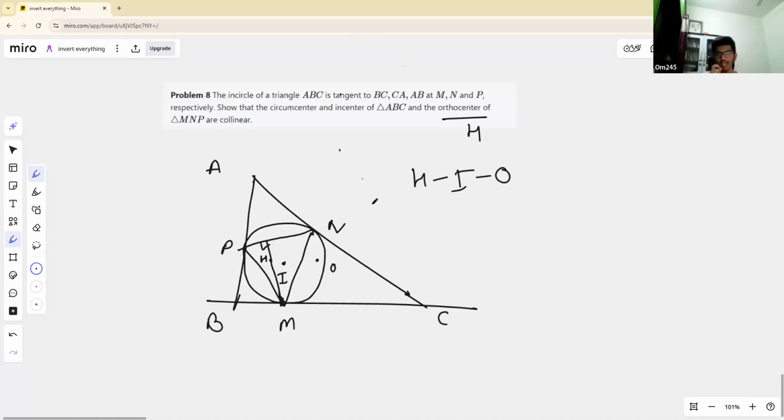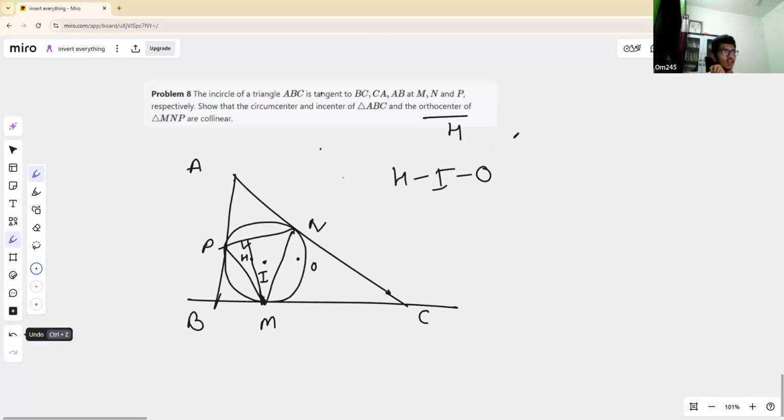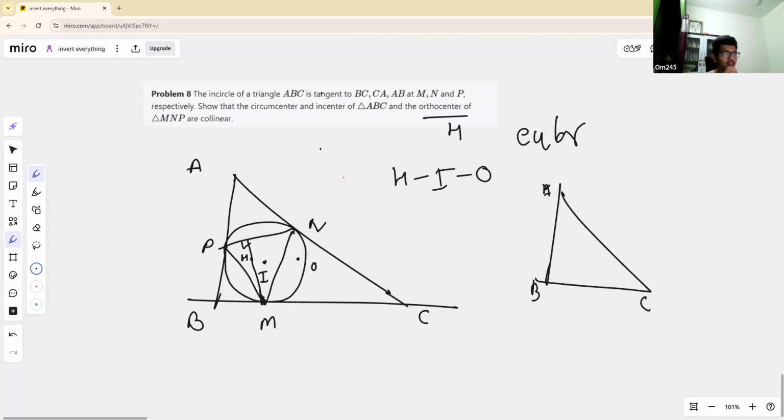So any idea? First of all, I hope everyone knows about the Euler line, which is basically, if you have a triangle ABC with circumcenter O, orthocenter H, and centroid G, then these three points are collinear, which is a very nice fact.